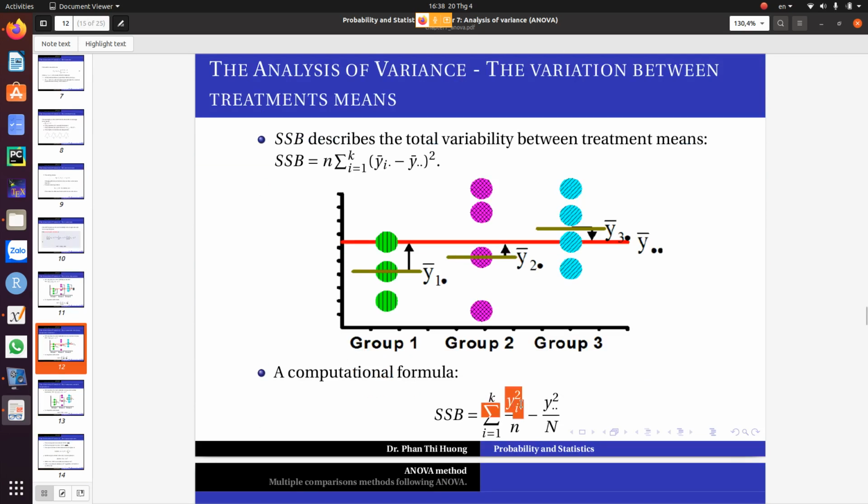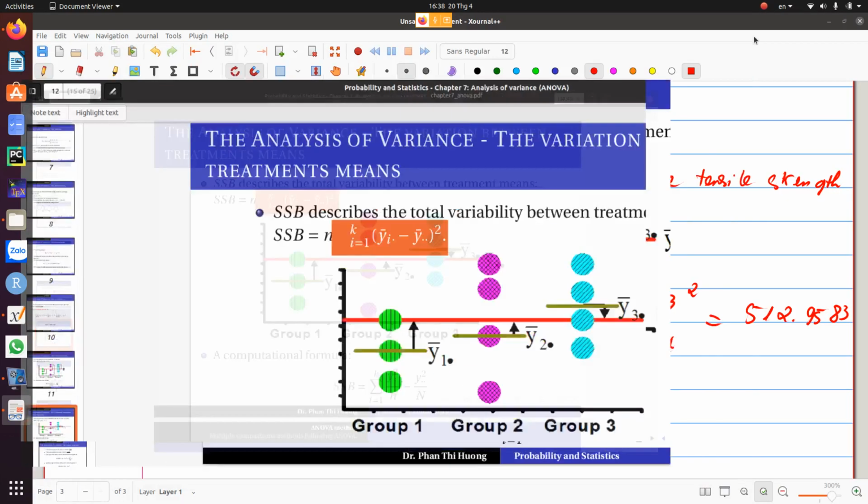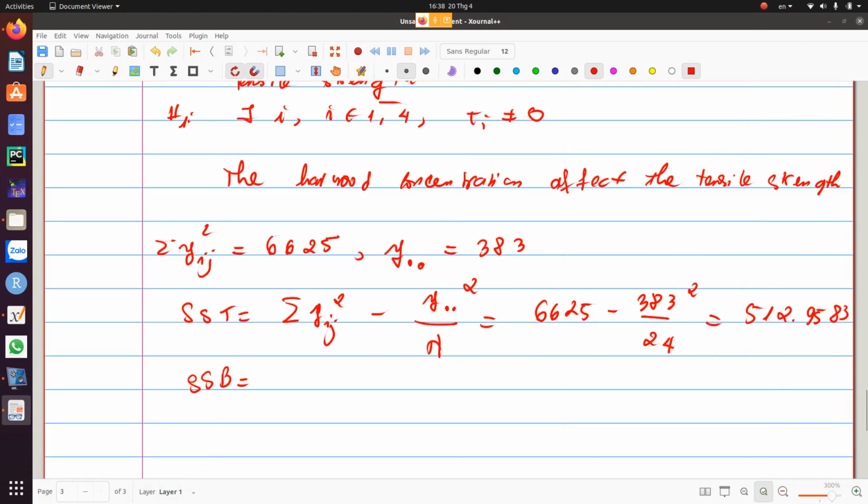It means the square of the sum of each treatment. So treatment 1 we have the sum of treatment 1, treatment 2 we have the sum of treatment 2, and so on. Here, the total sum we already have. Using this formula, it will be the same as the first formula. It's just my habit. I usually use the computational formula.